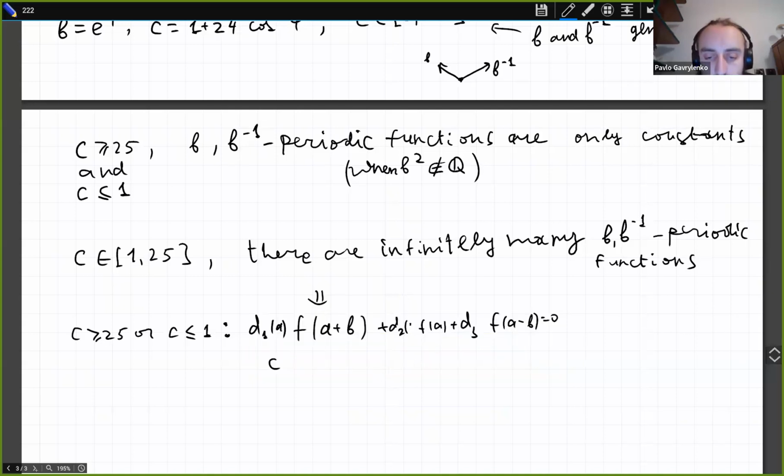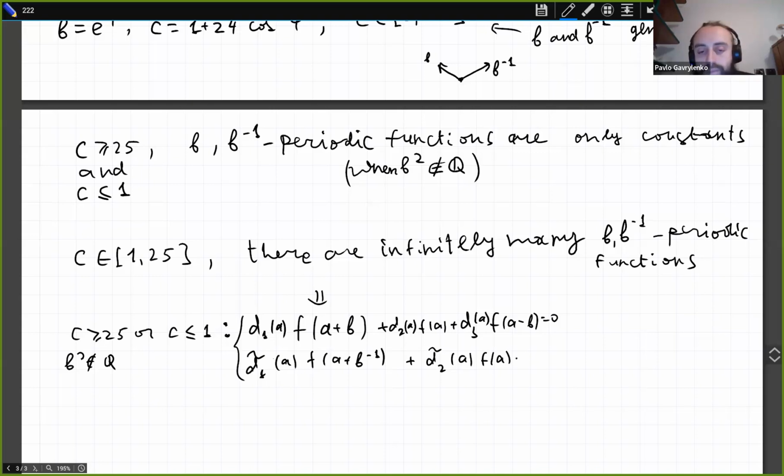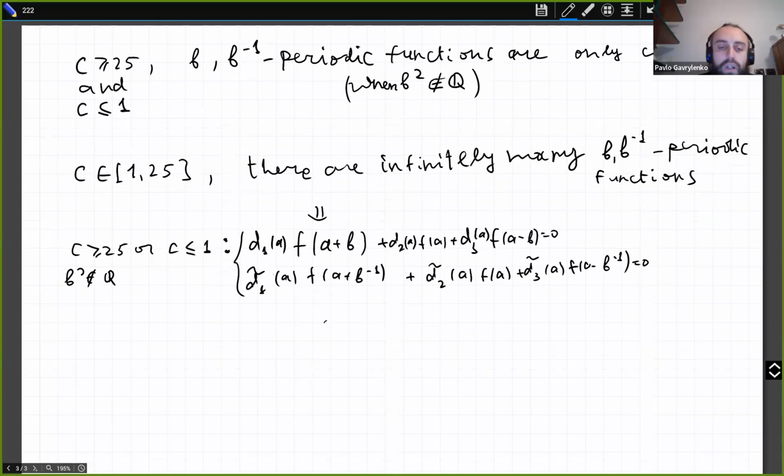So if we have some difference equations satisfied by some functions, such systems define function f uniquely.